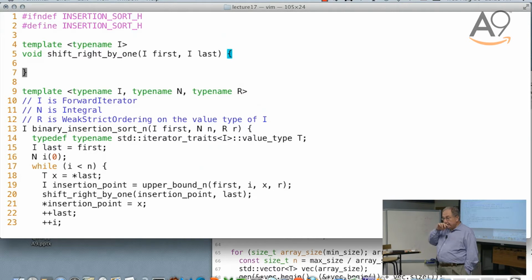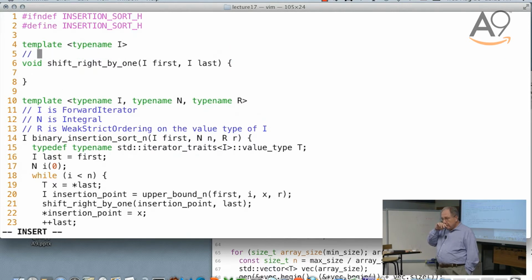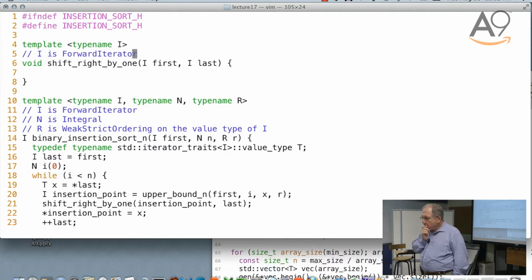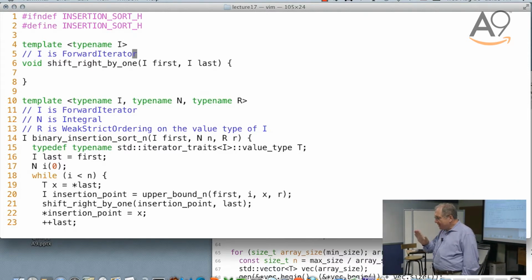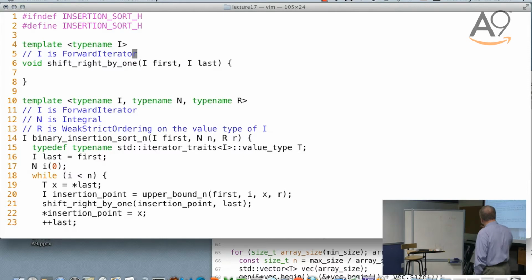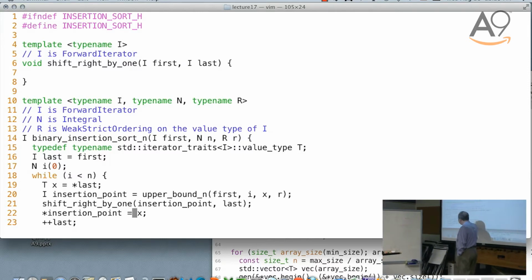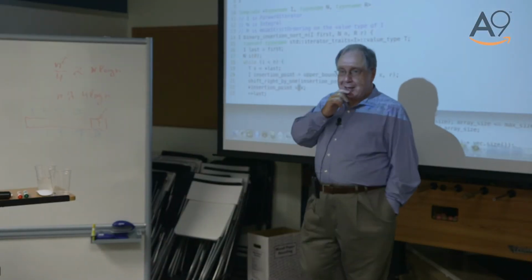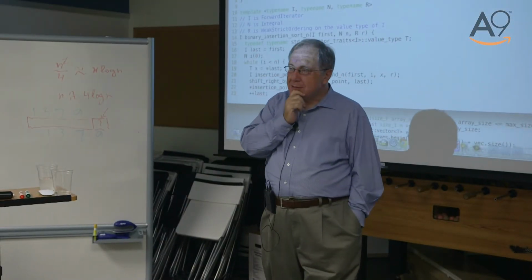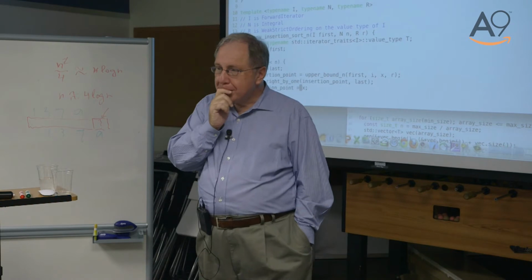Or should we make it circular shift by 1? Guys, think, because that will simplify this code. You would not need to do this anymore. And then we have a really good name. It's going to be rotate right by 1.